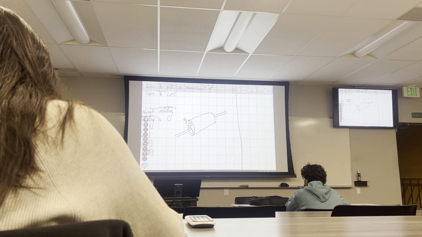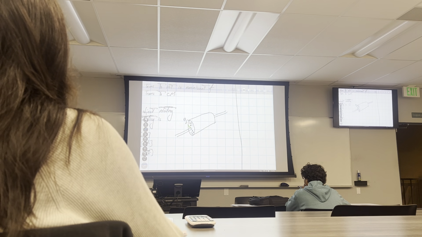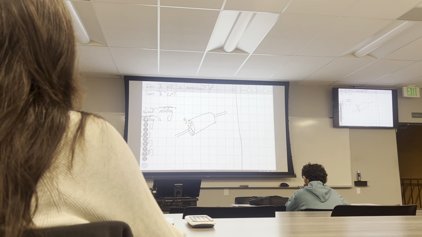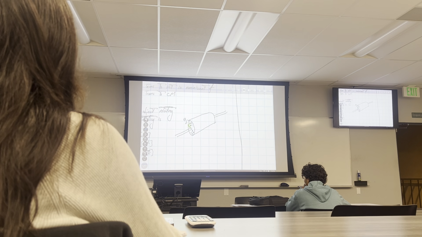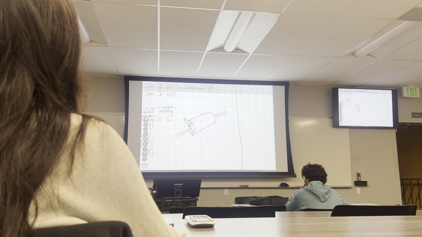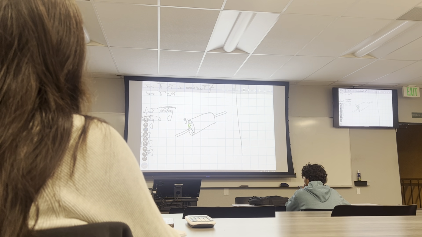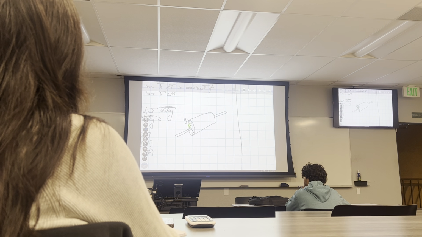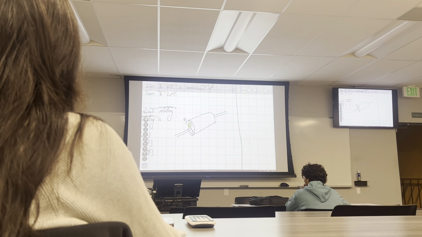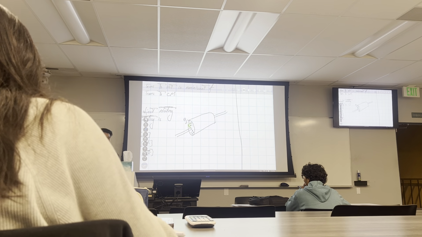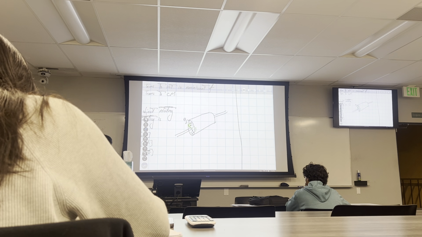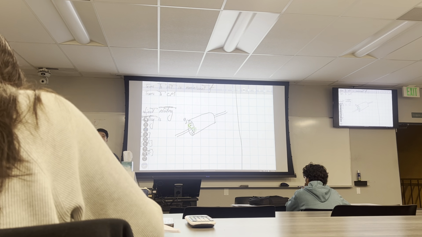The entire cylinder rotated theta. How far did this move? And how far did that move? Theta, yeah. What about these two? This would have rotated what? Theta.